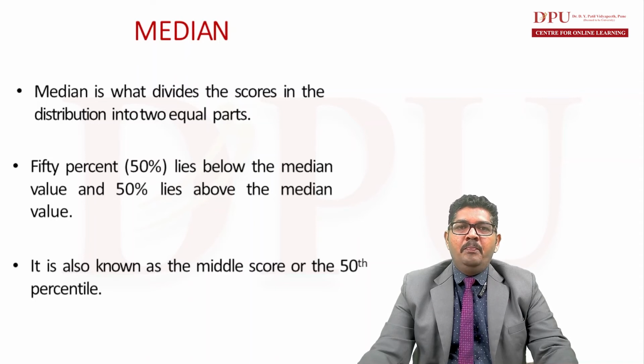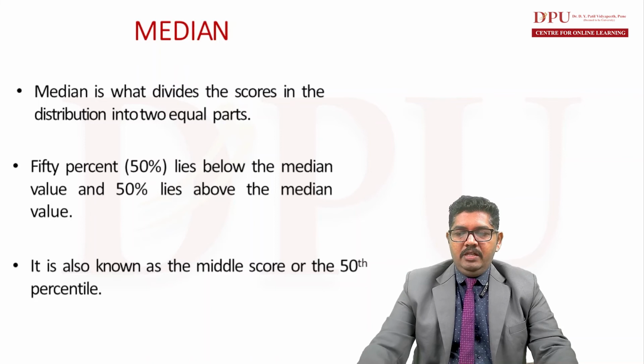Because median is a positional average, it is the central value when we arrange the data in ascending or descending order, so that 50% of the observations will be less than the median and 50% of the observations will be more than the median. It is also known as the middle score or the 50th percentile.